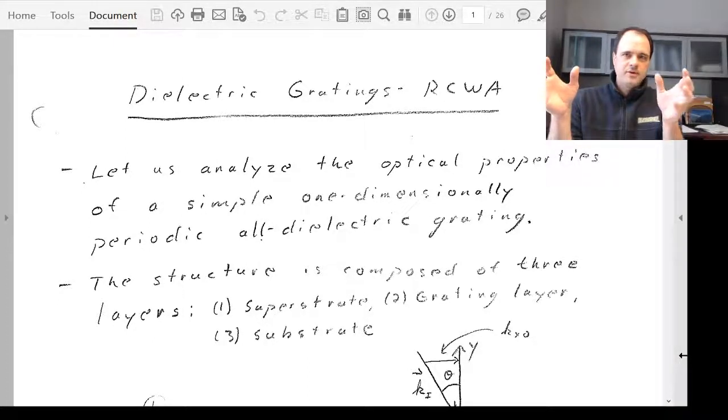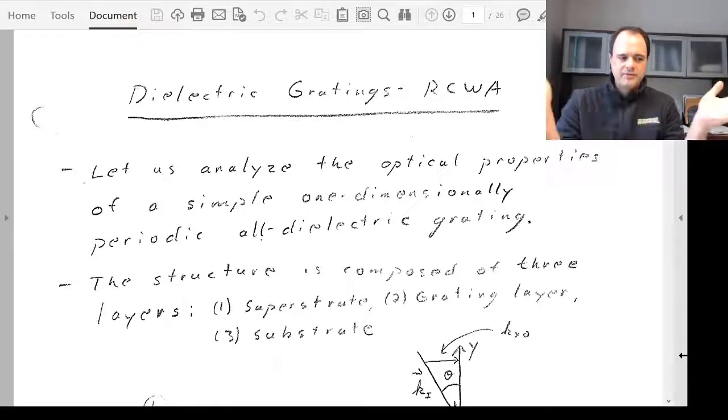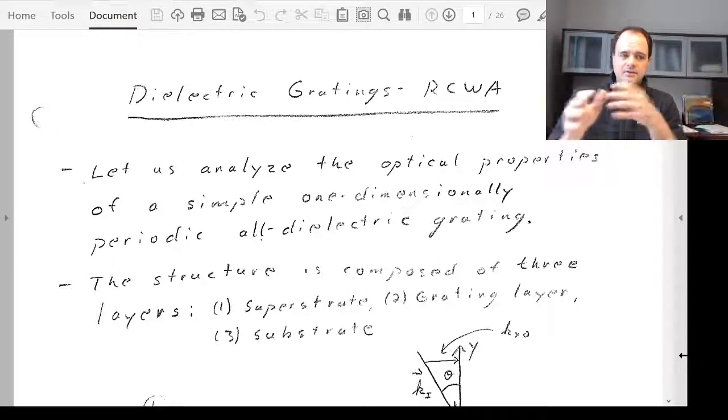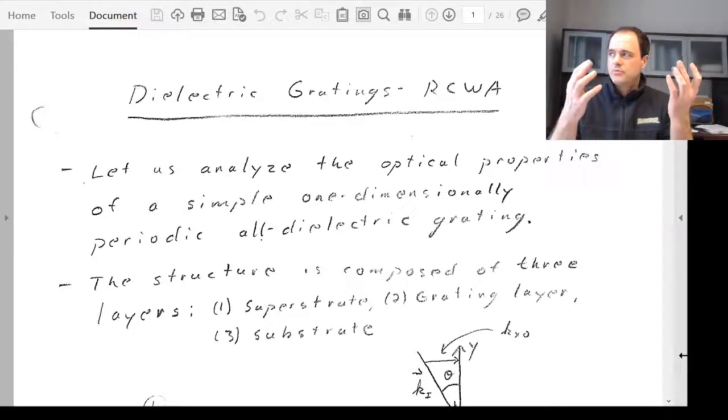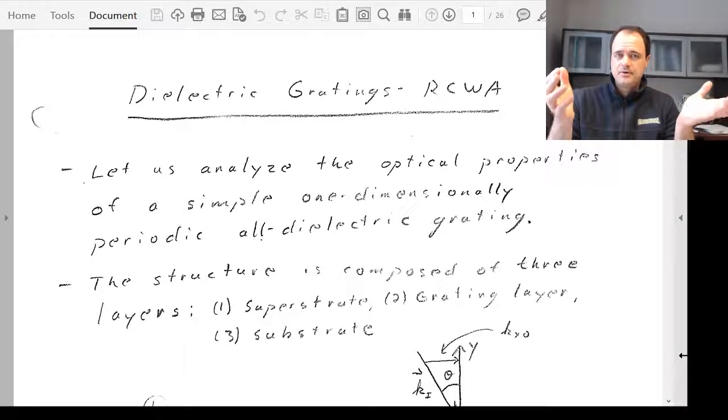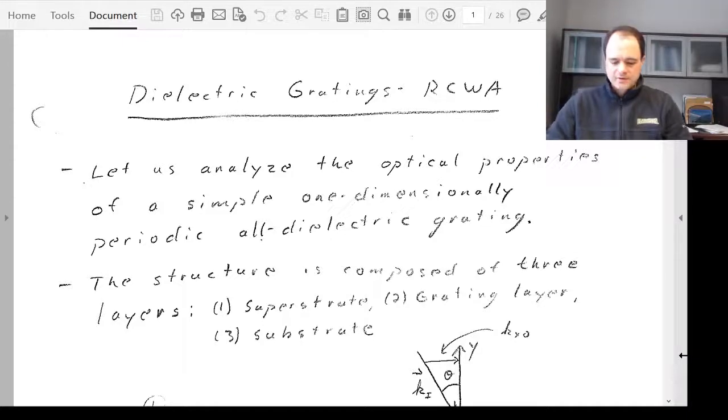And then we ramp up to looking at an infinite array of scatterers arrayed in a particular way. And what are the requirements for waves to experience constructive interference upon multiple scattering from that array of scatterers?